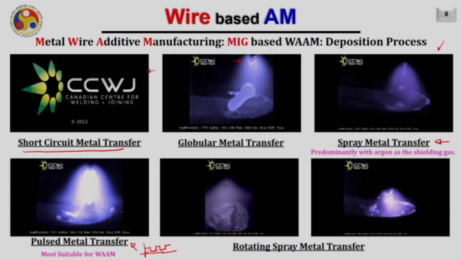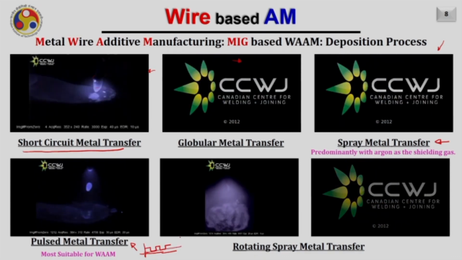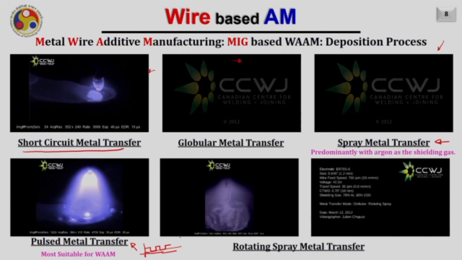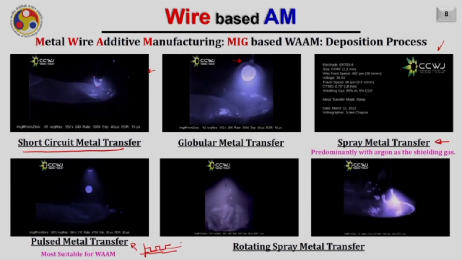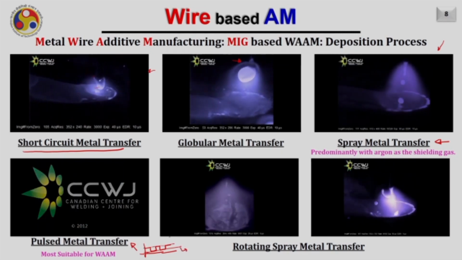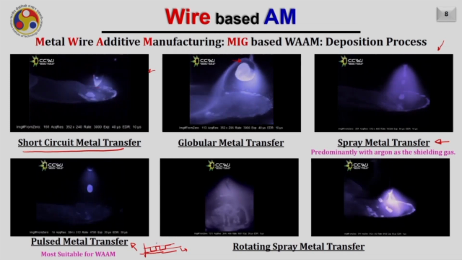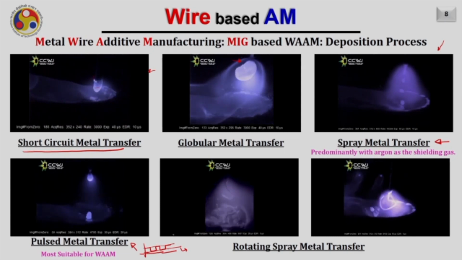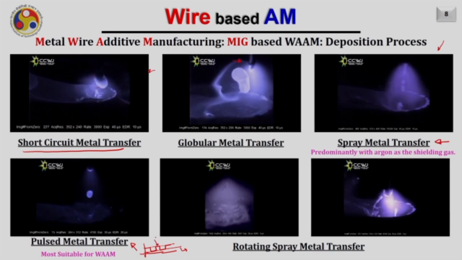The value of the current which is at the lowest is called the background current, while the current which is on the top is called the peak current. The purpose of the background current is to maintain the arc, and the purpose of the peak current is to generate the droplet.